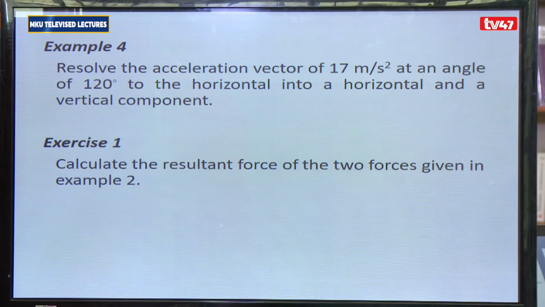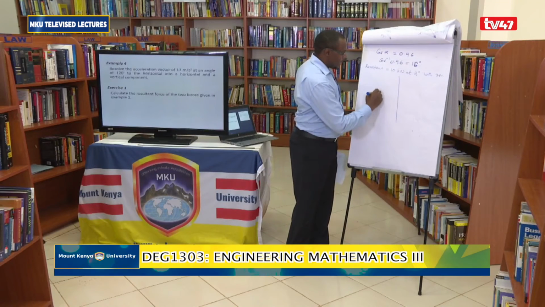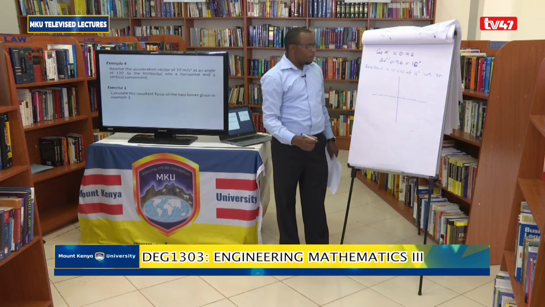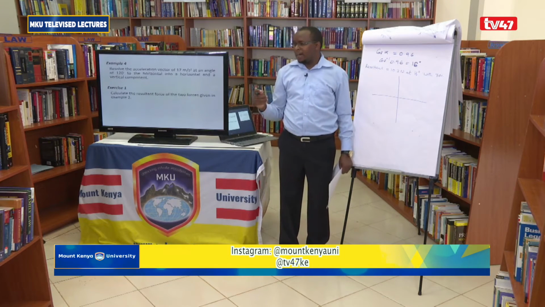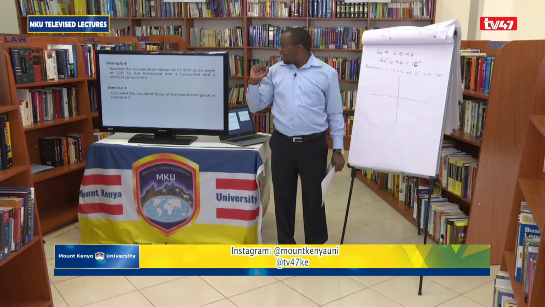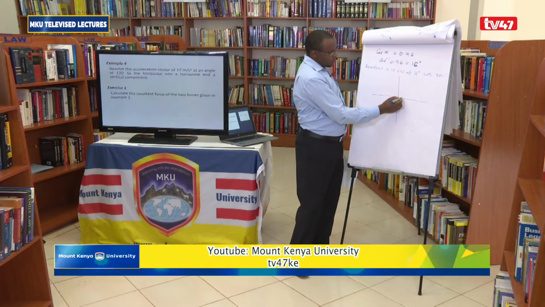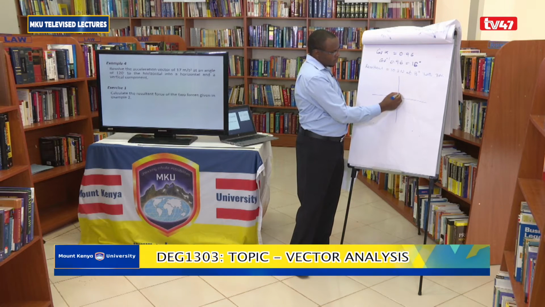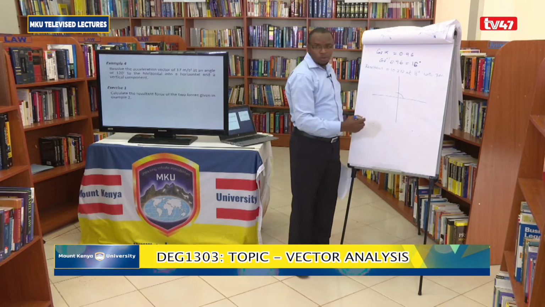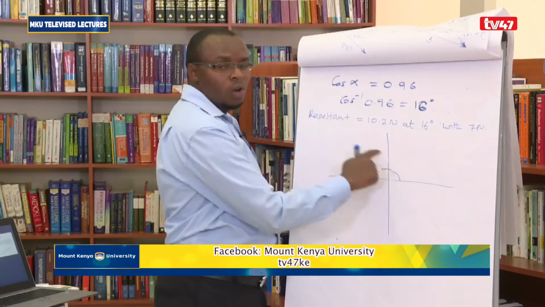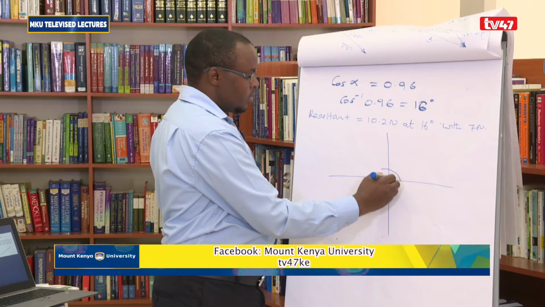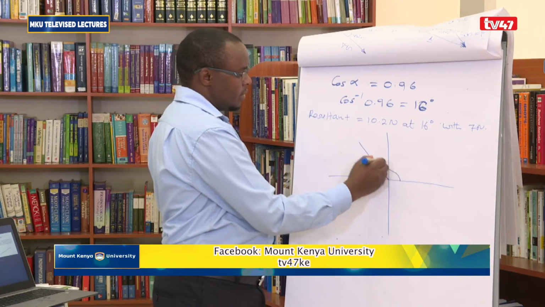Here we need to draw this so that we are able to understand it well, so we have a Cartesian plane. We have been told that this acceleration is 17 meters per second squared at an angle of 120 degrees, which is from the horizontal to somewhere past 90, because we usually take angles from the horizontal going anti-clockwise.